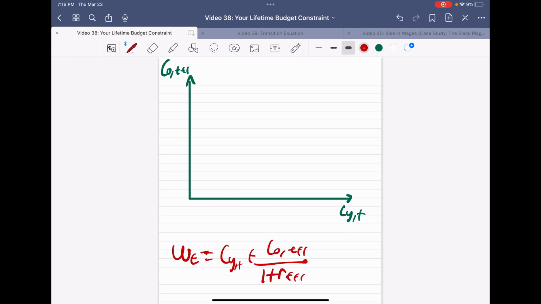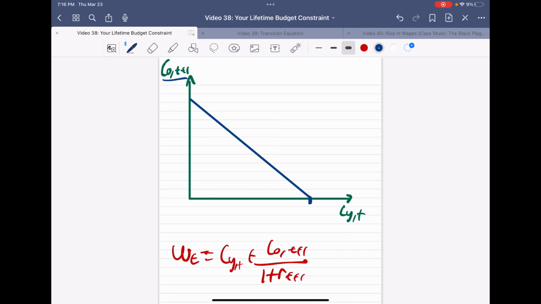So let's say we consume every single penny of the wage when we're young. That means we're consuming everything on the x-axis, right? In that case, consumption when old is 0 because we're consuming everything when we're young. So we could draw a line with an x-intercept and a y-intercept.